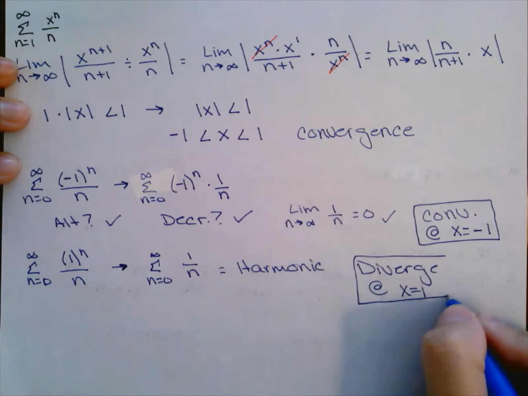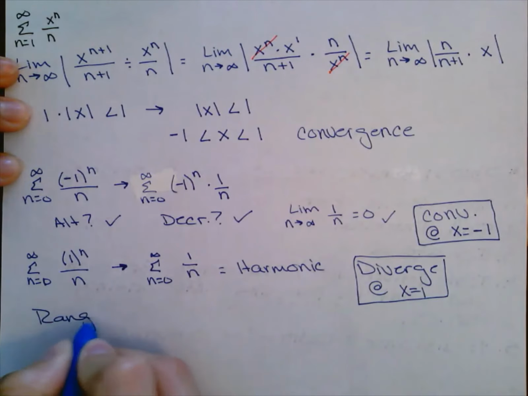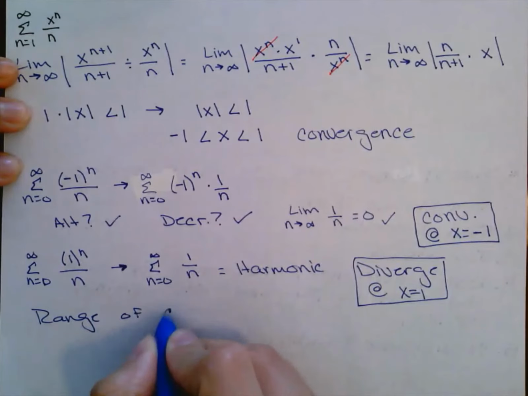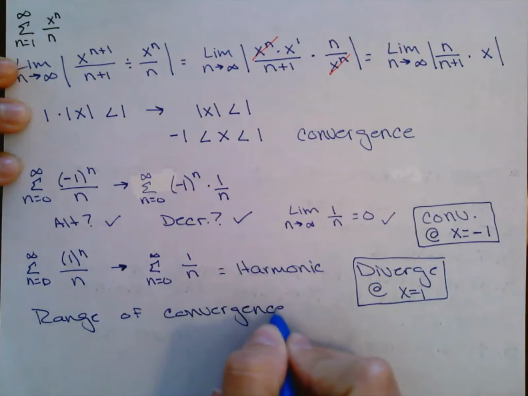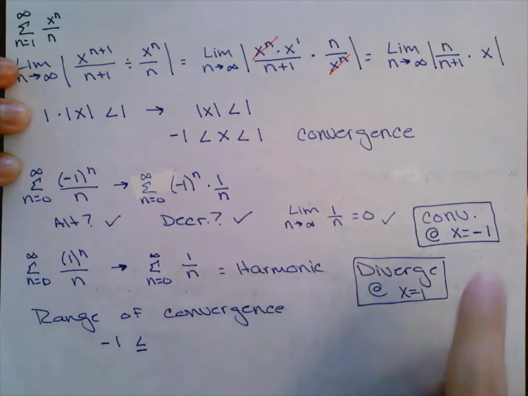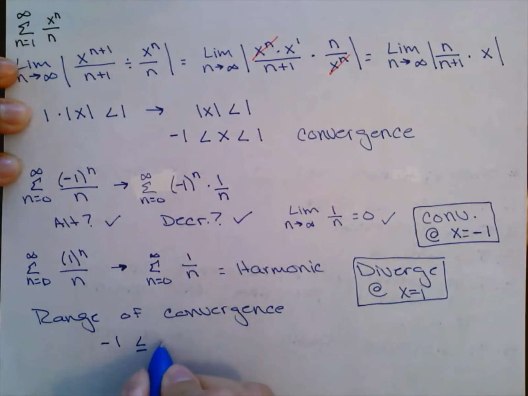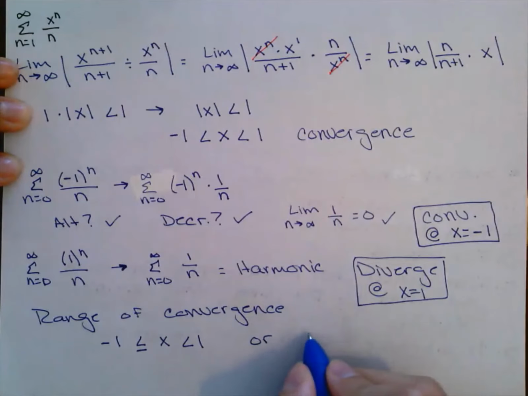Okay, so now for my final answer, my range of convergence is going to be from -1 included, because I need to include it, and then up to 1 not including 1 because 1 diverges. Another way you can write this, guys, is you can put a bracket on -1 up until 1 with a parenthesis, 2 different ways.